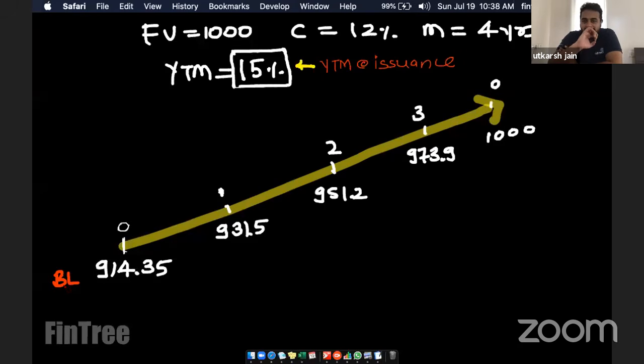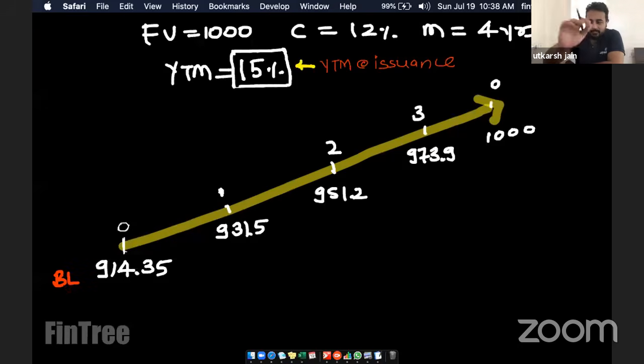So are you earning 12% or 15%? Good. Many of you know the answer. As an investor, even though it might look like I'm earning 12, actually I'm earning 15%. And how are you earning 15% here?